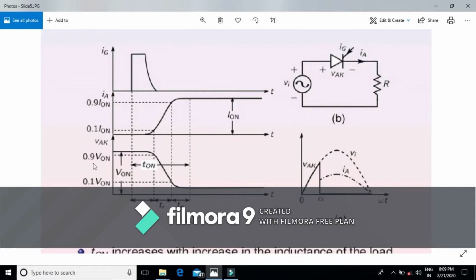And this voltage will be very high, or we can represent it by some finite voltage V on. This is the off state, and this transition is the voltage going from this finite value to approximately 0, and the current going from a smaller value to a higher steady state value.